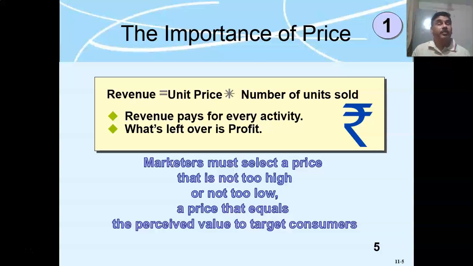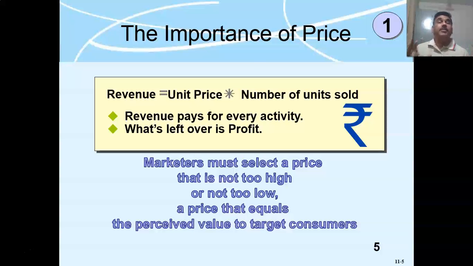For example, if I ask you to pay 100 rupees for a normal bread packet, you're not going to pay for it unless that bread is properly marketed in the market with a tag of premium bread, right? If I ask you to pay 100 rupees for a normal bread, you're not going to pay. Why?